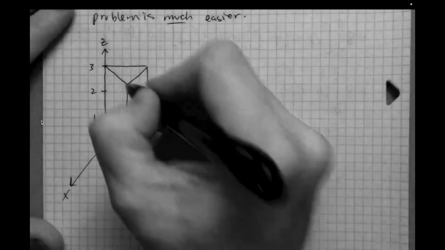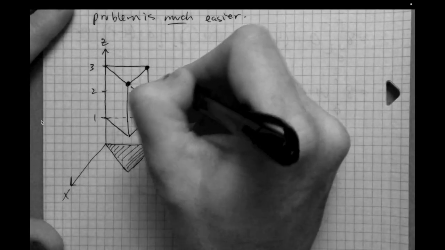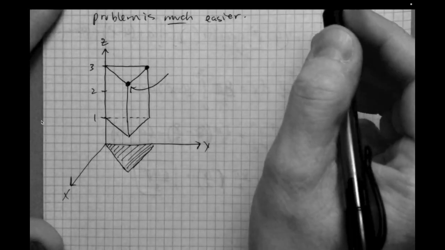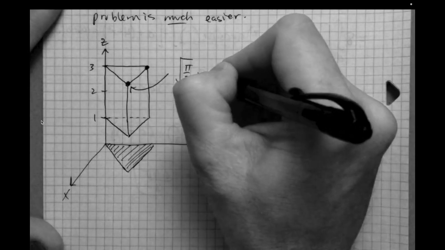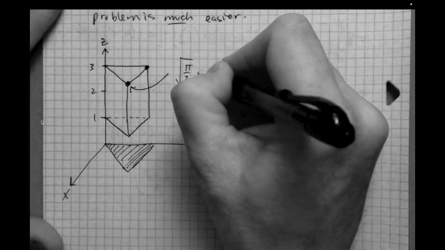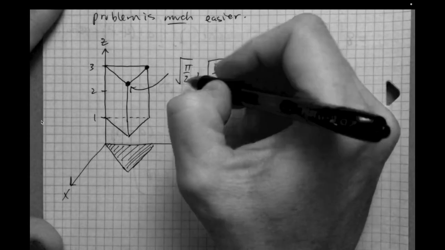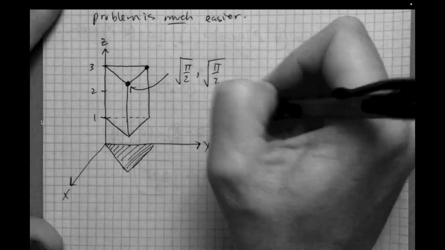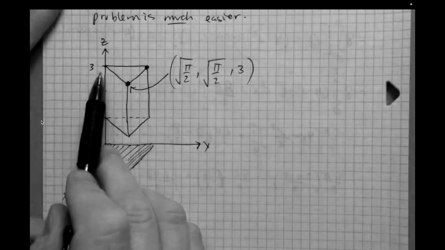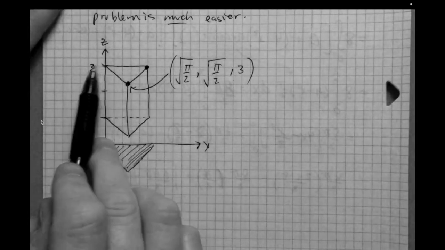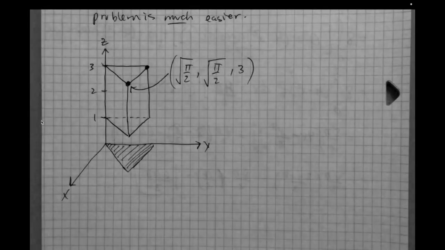Okay, and so a couple of points of interest, like this point here. What point is that? The x-coordinate and the y-coordinate are both the square root of pi over 2, and z is 3. So this is a flat top surface, up here in space, tilted forward.